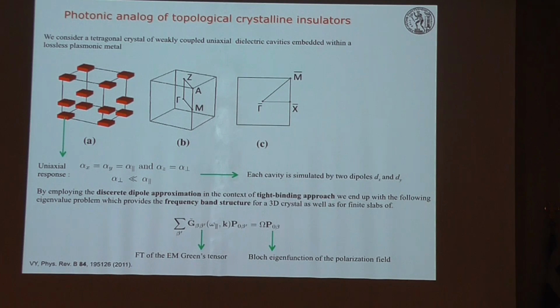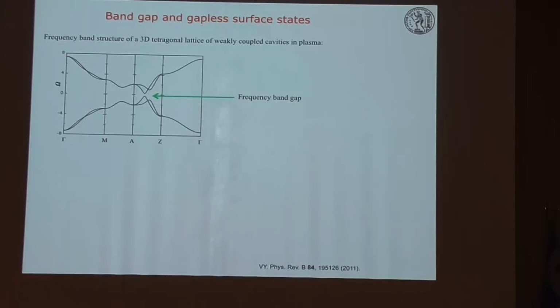So by solving this eigenvalue problem, we get the frequency band structure of this photonic solid. This is the bulk band structure.